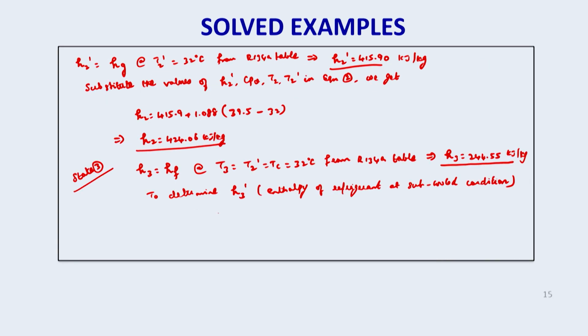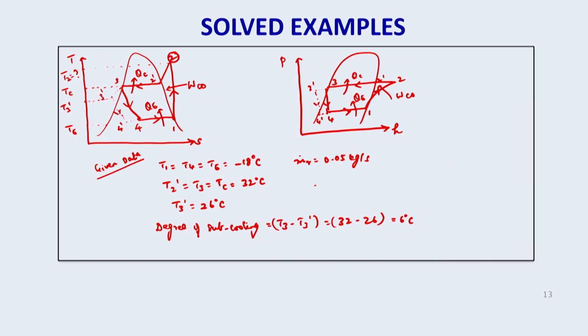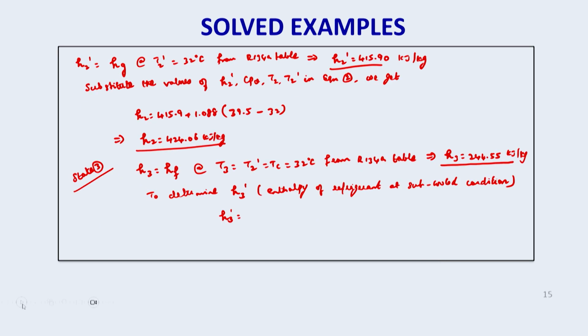H3 dash is equal to, if you look at the diagram, subcooled enthalpy is equal to saturated enthalpy minus, instead of plus, we have to put minus, saturated enthalpy minus specific heat capacity of liquid into delta T. So this is equal to H3 minus Cp of liquid.